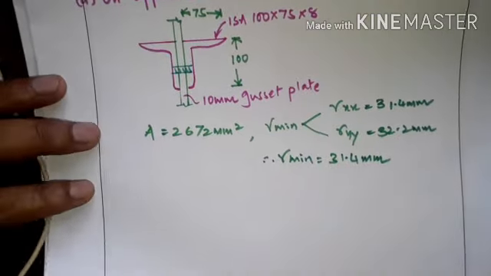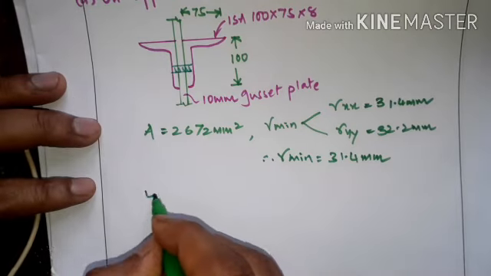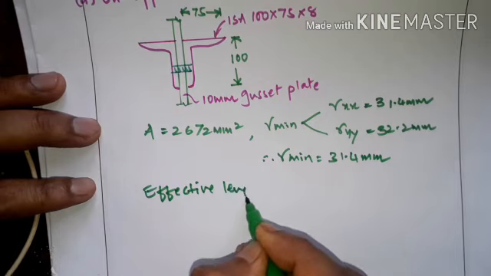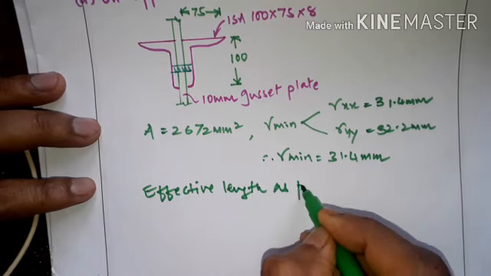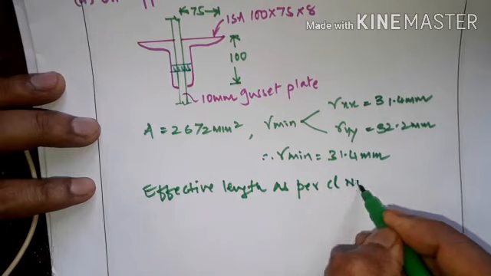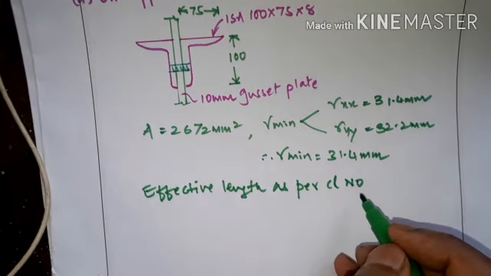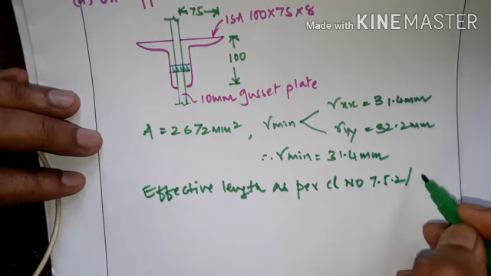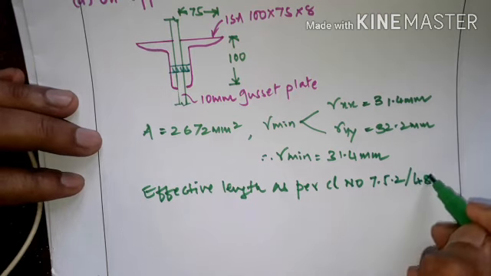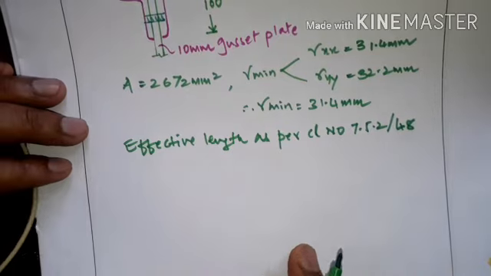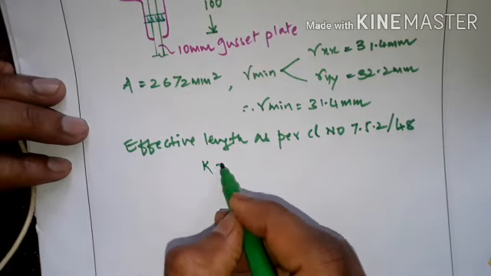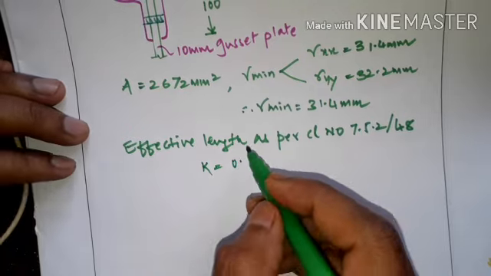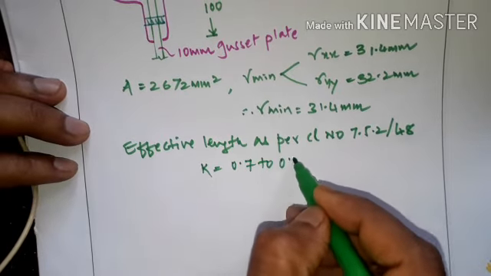Understood? And also the effective length as per clause number 7.5.2, page number 48. You have to assume K is equal to 0.7 to 0.85 times.